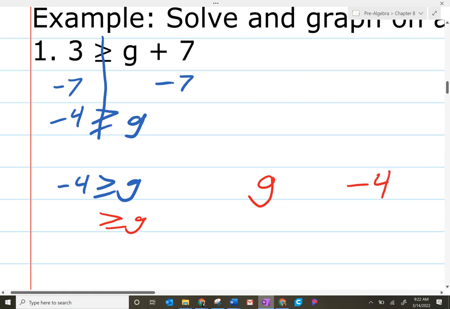The numbers and variables are not going to change. I want my variable on the left. So I'm happy with that. Now I need to put in my inequality sign. Because these two flip-flop, they switch sides, I need to switch the direction that my inequality goes.